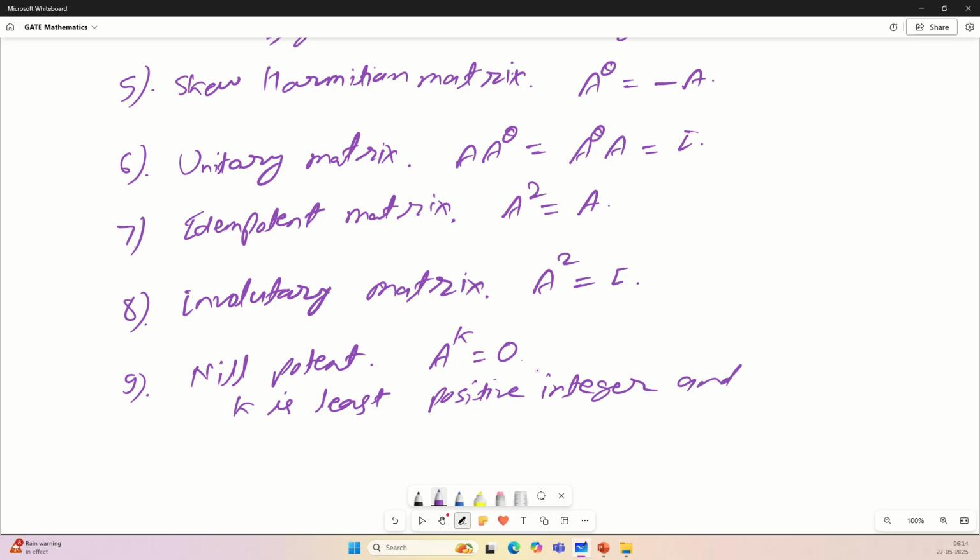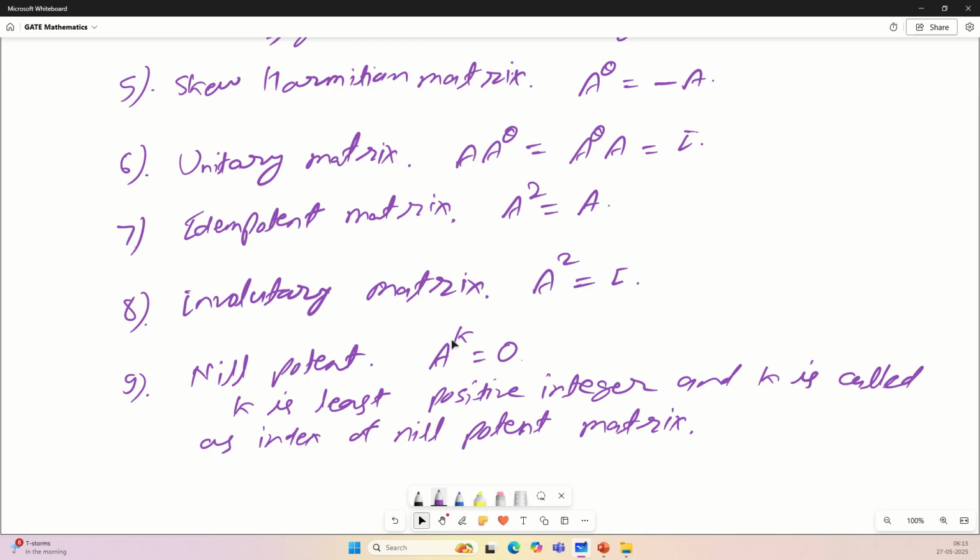And k is actually called as index of nilpotent matrix A. So the least value of k, which will make the value of A to the power k to be a zero matrix, then it is called as nilpotent matrix. All right. So this was all about different kinds of special matrices.